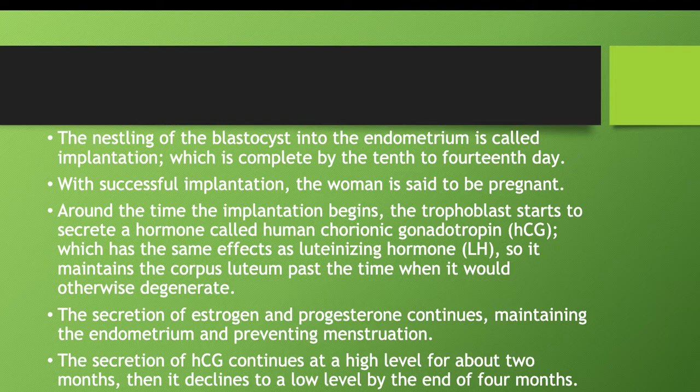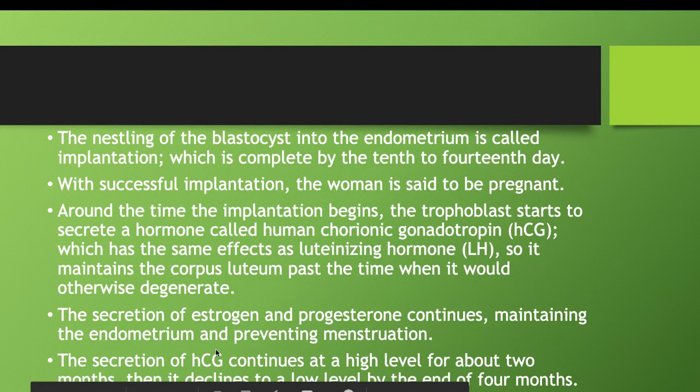The secretion of estrogen and progesterone continues, and it maintains the endometrium, preventing menstruation. The secretion of the HCG, or the human chorionic gonadotropin, continues at high levels for about 2 months. Then it declines to a lower level by the end of 4 months. So it's really important at the very first stages.